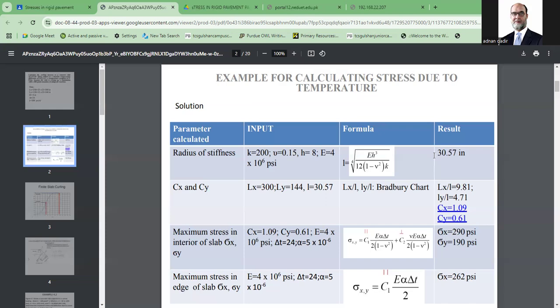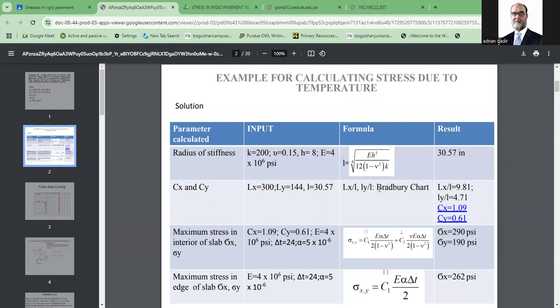This radius of relative stiffness will be used as an input to calculate the shape factors Cx and Cy. We calculate the Cx and Cy from the Bradbury chart that is given in the book as well, and we will show that chart here as well.